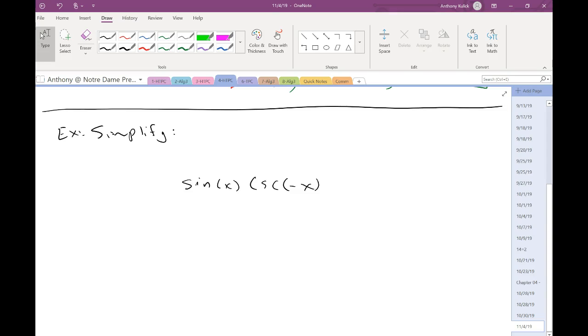So we don't have cosecant, we have cosecant of negative x. So I could write that as 1 over sine of negative x. That's okay to do. But I would do something before I did that. I do want to do that, though. I will do that, but I would do something first. What was that?